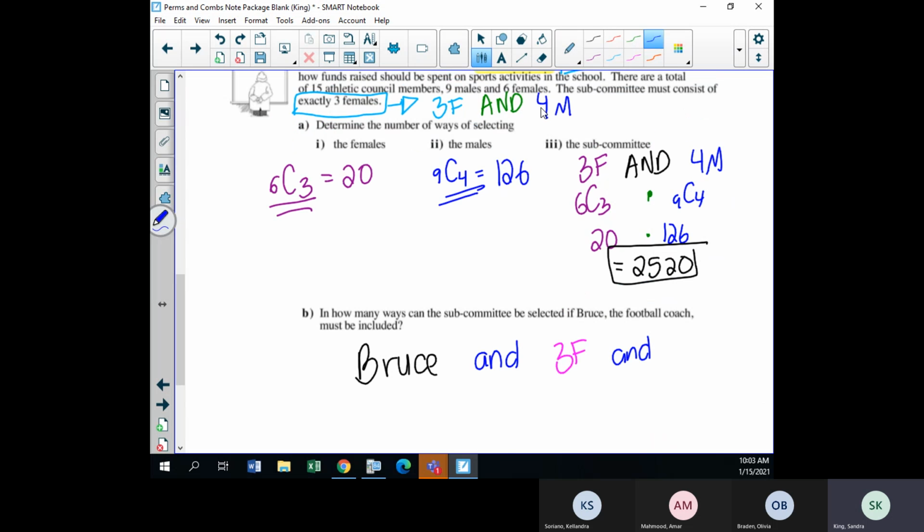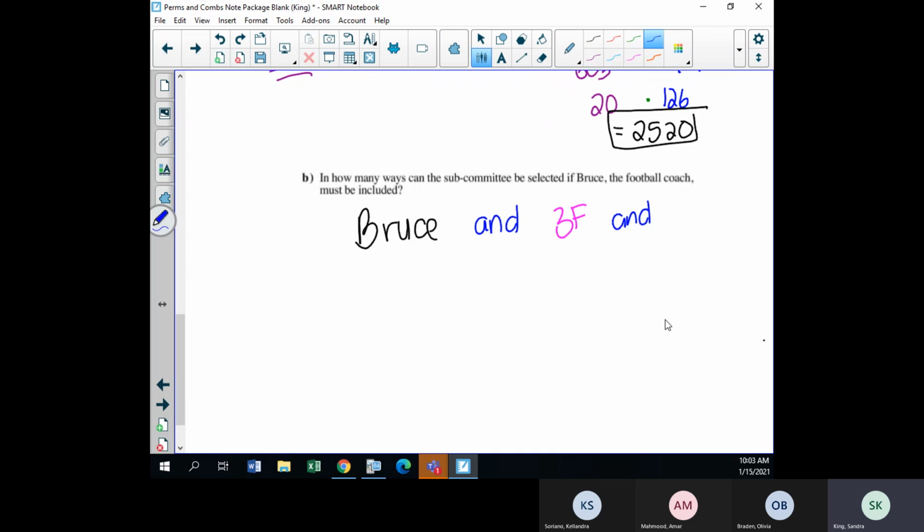It was 4 that I would select, but Bruce has been selected, so that means there's 3 more males to choose from. So because Bruce has been selected, there would be 3 males over here. Okay, so the number of ways to choose Bruce is just one way. You don't even have to really do that if you want, right? If Bruce is on the committee, there's only one way to choose Bruce.